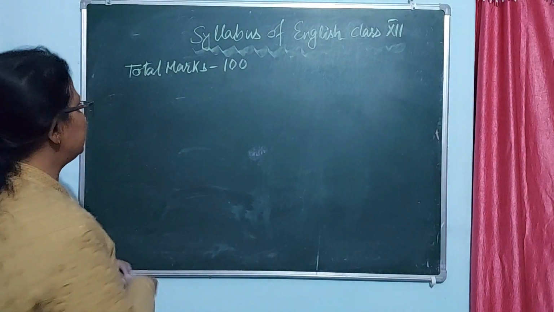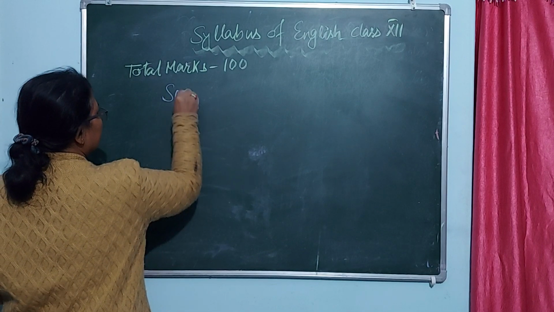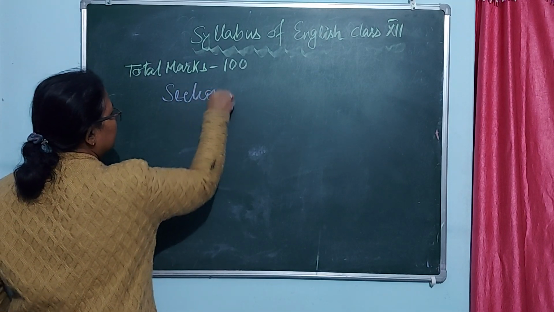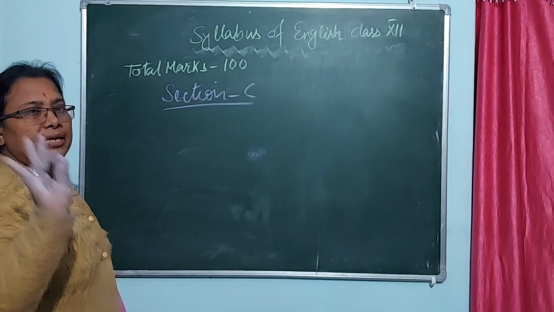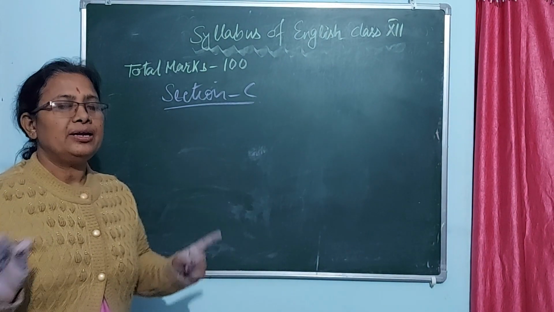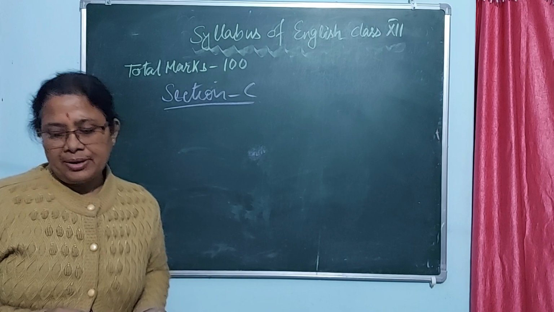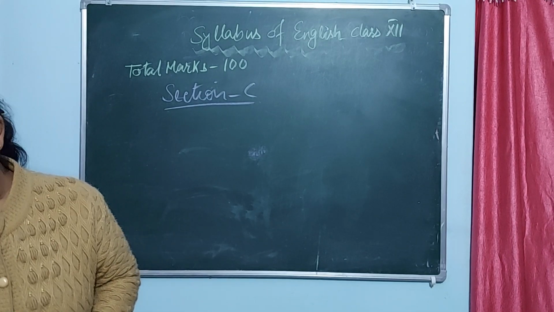Now section C. What is there in section C? Grammar. Now I told you that 10 different items, 10 marks, are there in grammar. What are these 10 different items?